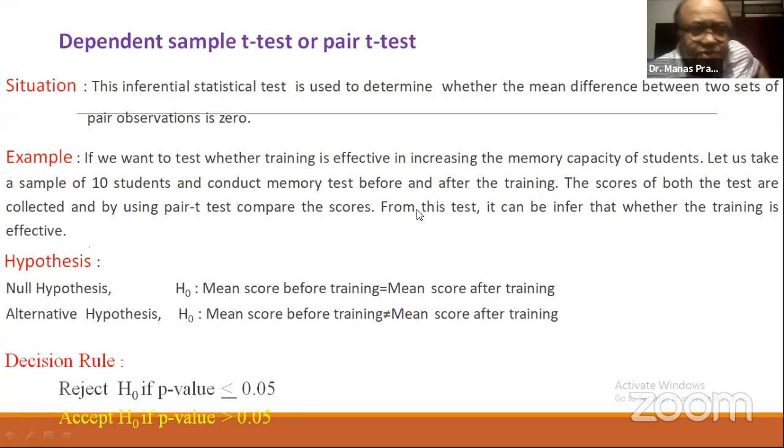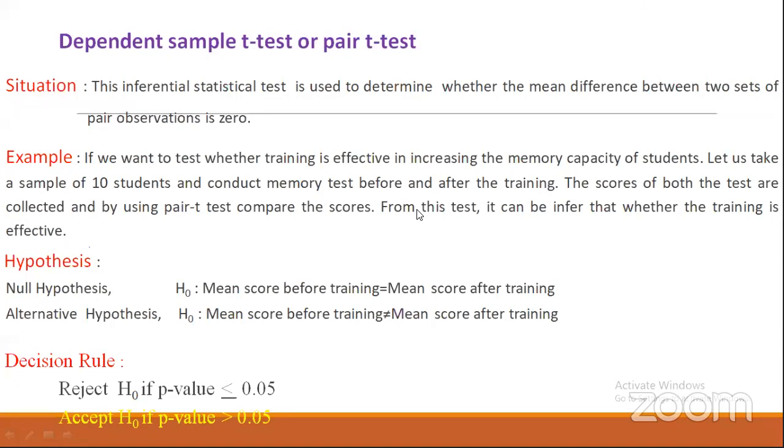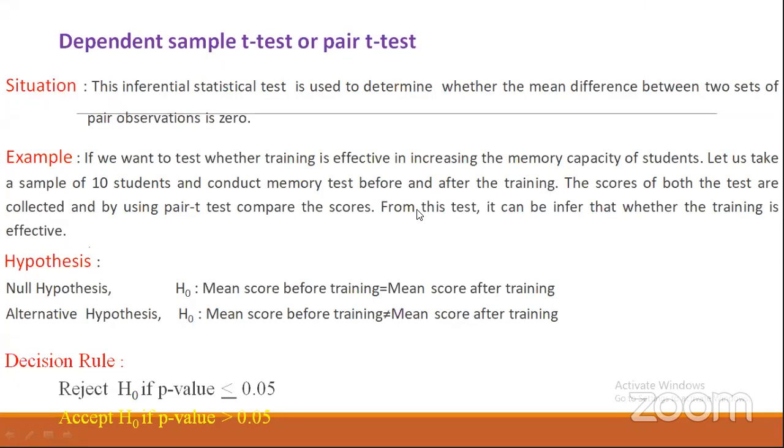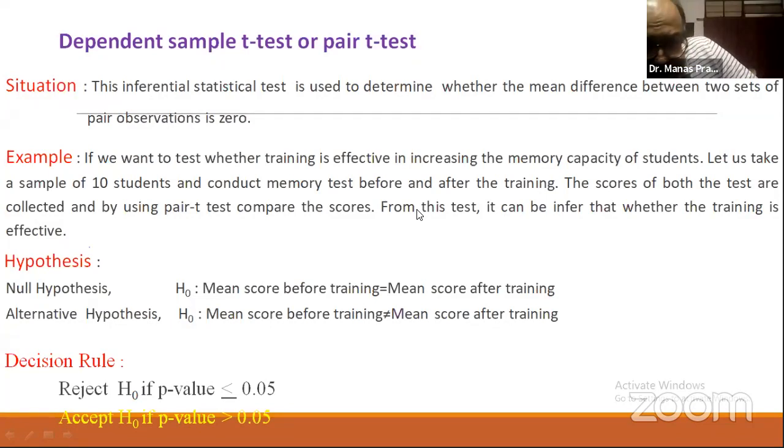Suppose I want to check whether training will help the students to increase their memory or not. So what I'll do, I'll take a random sample of students, 10 students suppose, and conduct a memory test and write down their marks. Then after that, I give the training to them to increase the memory capacity. After completion of the training, I again conduct a test on memory and score.